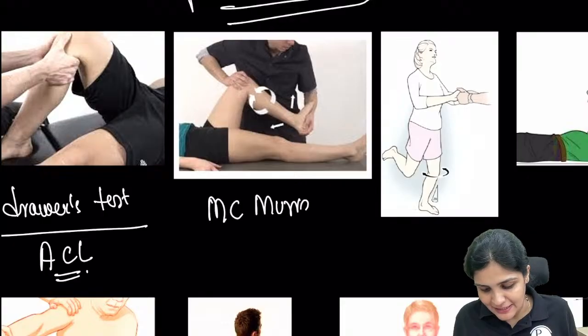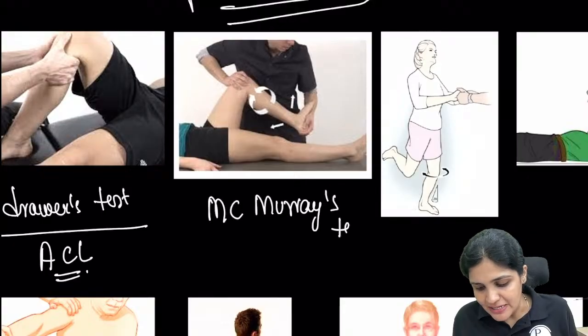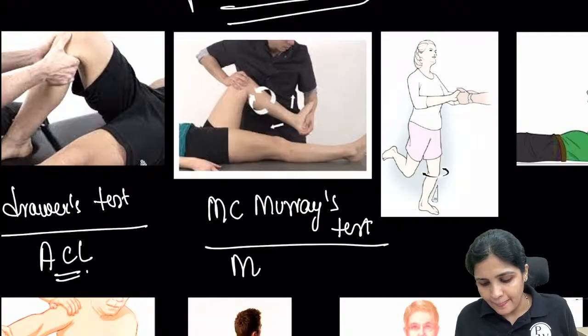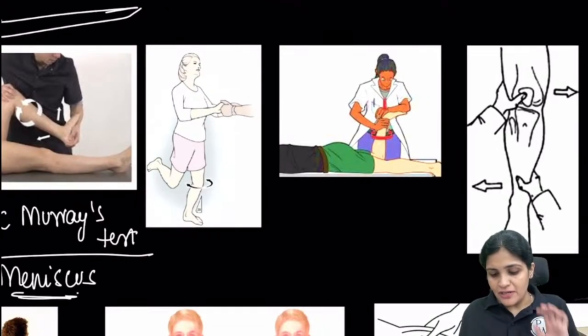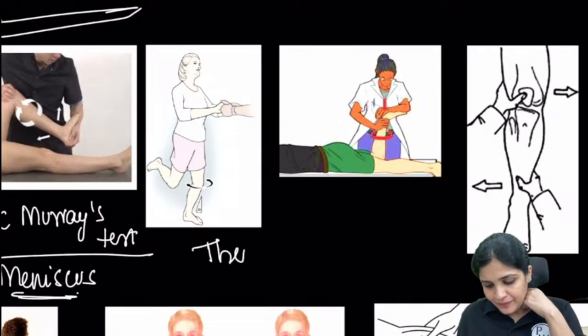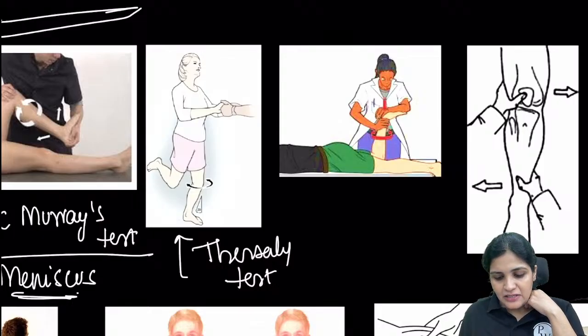McMurray's test. McMurray's test is for your meniscus, both medial meniscus and lateral meniscus. And what is this? This is called the Thessaly test. This is also for your meniscus, Thessaly test.